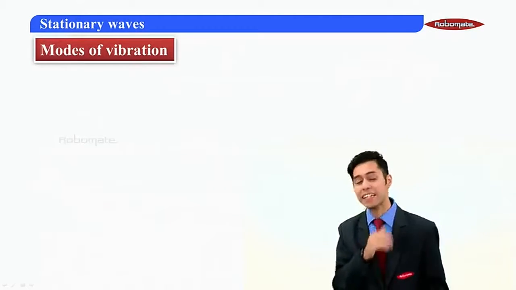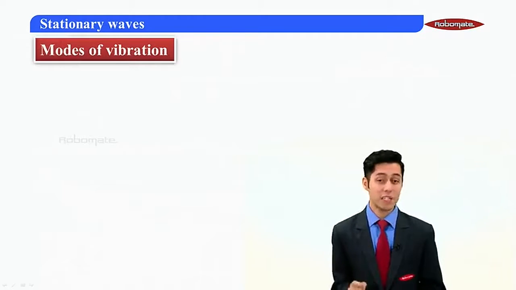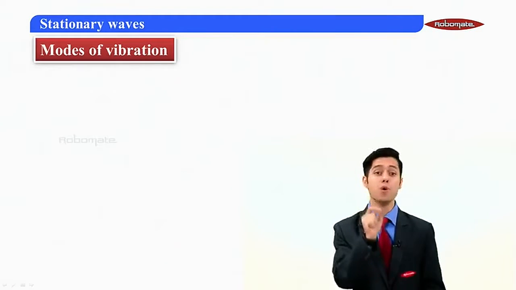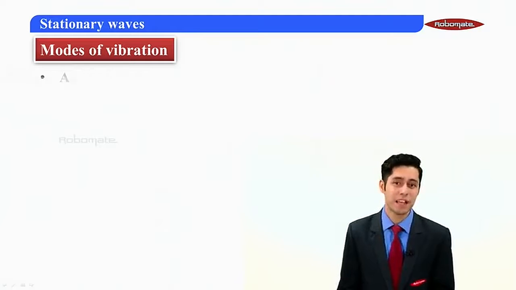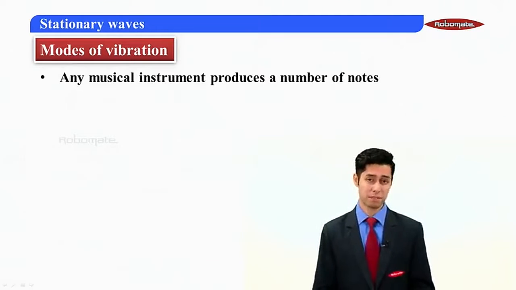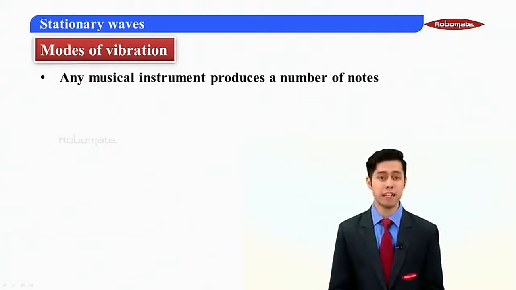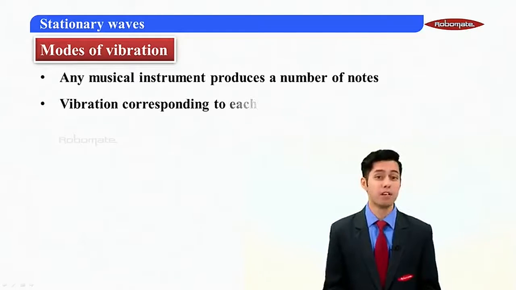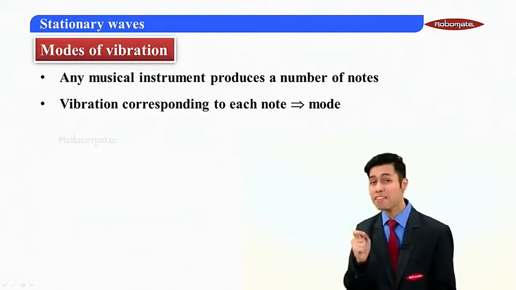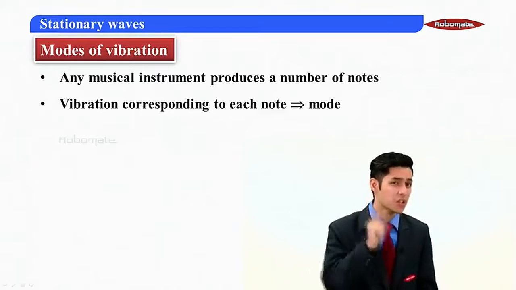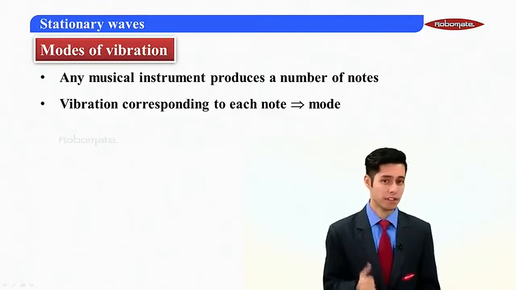And to study it in detail, we must know something which is called different modes of vibration. Now what are different modes of vibration? Any musical instrument produces a certain number of notes. The vibration corresponding to each note is called a mode.